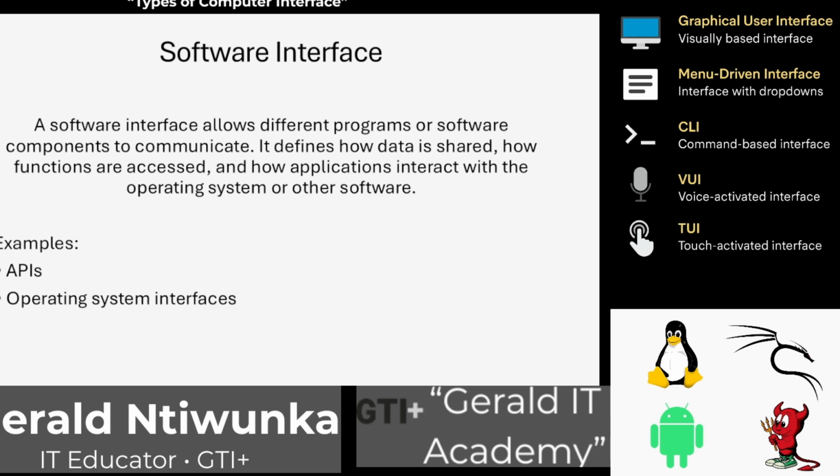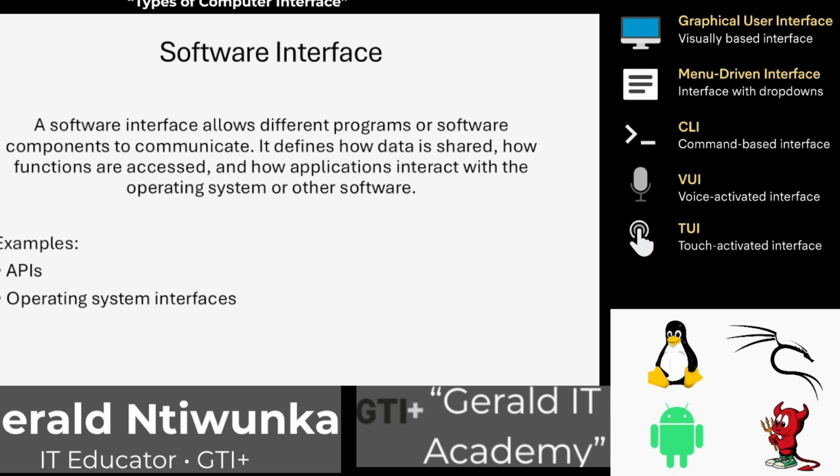Now, the software interface. What is the software interface and what is the meaning? From our various lessons we have had about software, but now we are talking about the software interface, which allows different programs or software components to communicate.